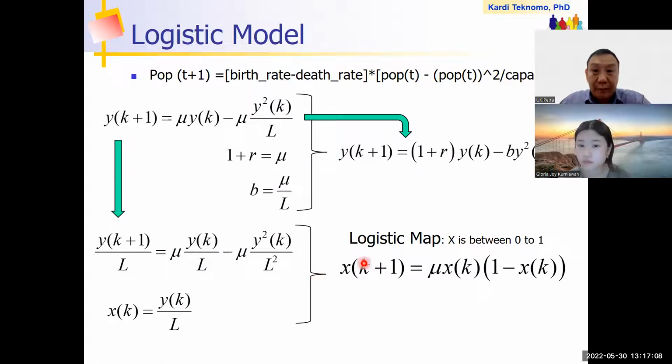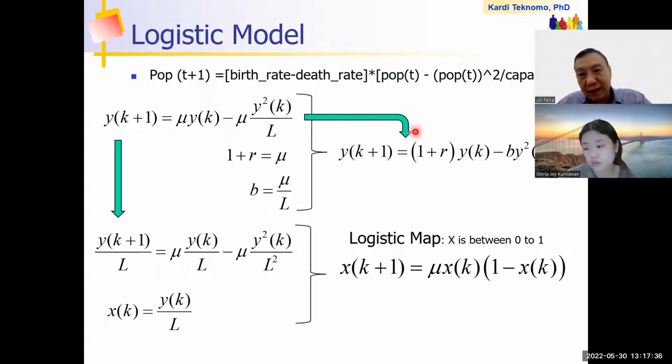So here it is. This is the population, equal to the birth rate minus the death rate, and then the population currently, this is next year, and then there is some population squared divided by the capacity.